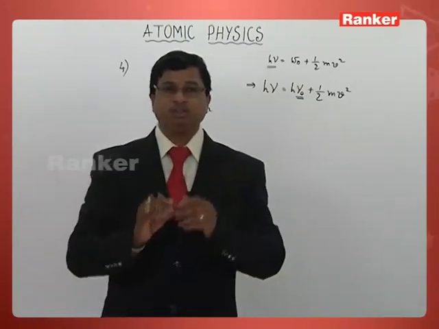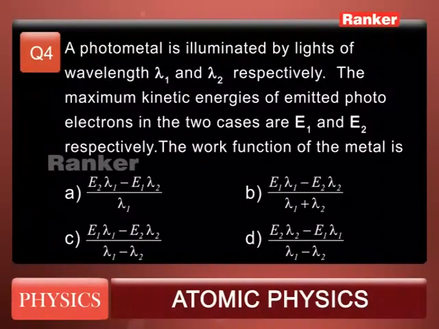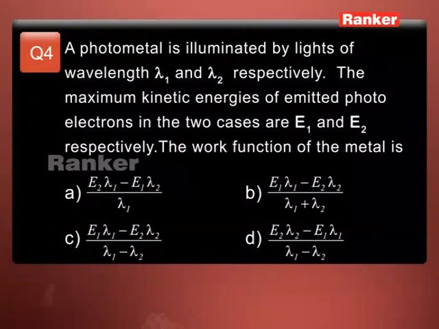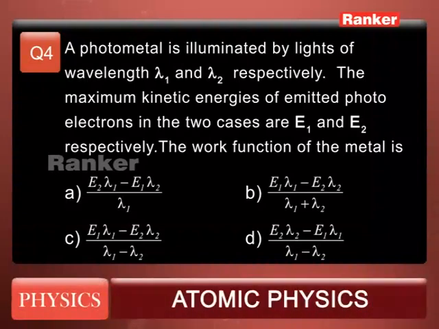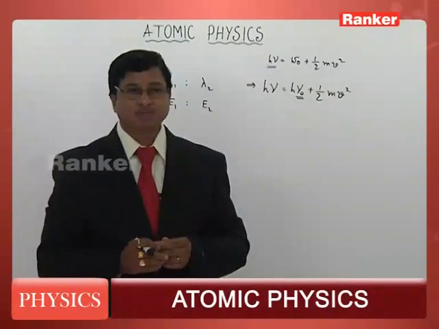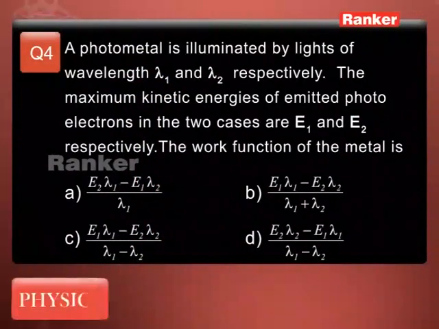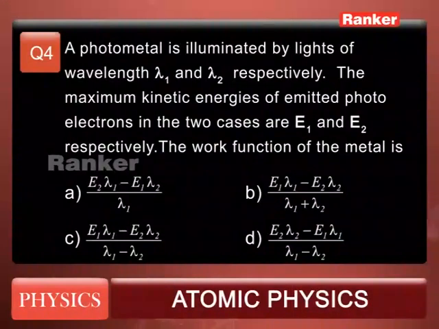Now what is the question he is asking? Obviously he will ask only one value, that is the work function of the metal, in the form of a formula. What are the four options given? Let me read out first. The very first option says E2 lambda 1 minus E1 lambda 2, whole divided by lambda 1.